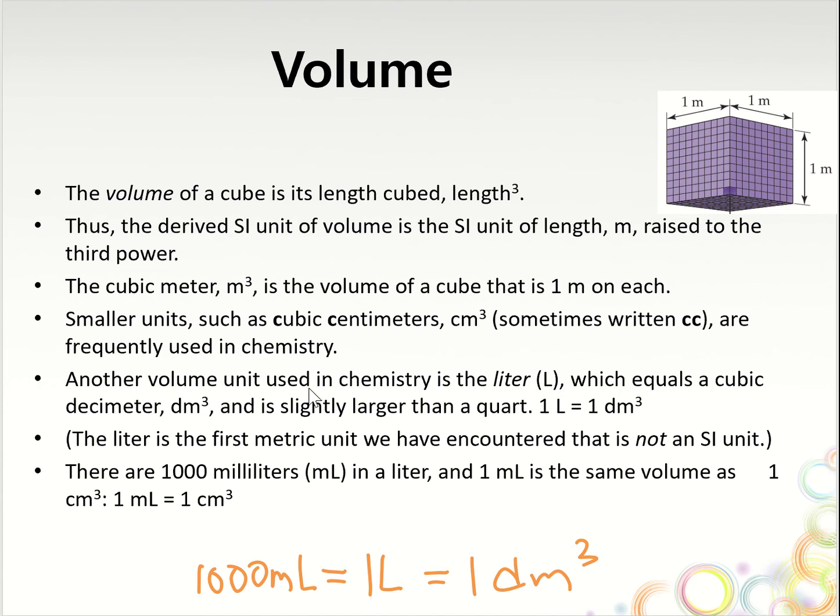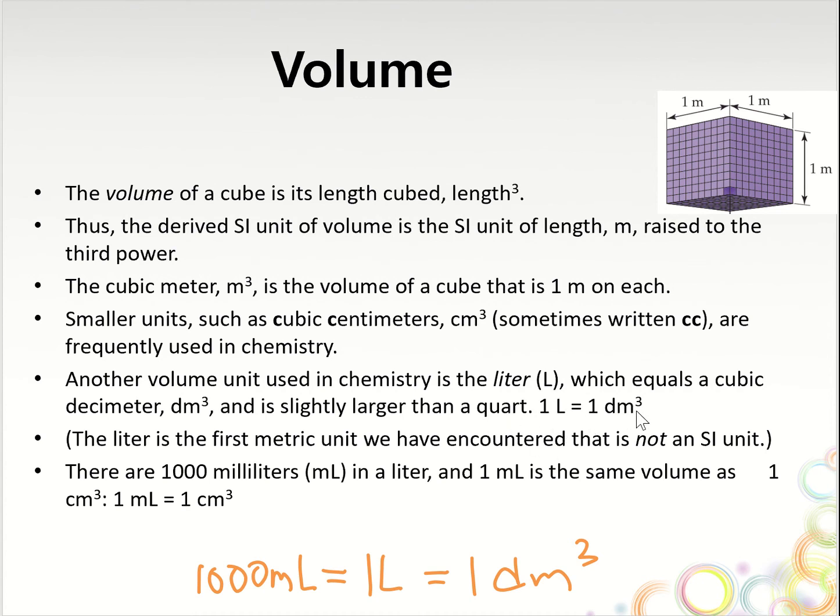Another volume unit that we will see is the liter, which equals a cubic decimeter, dm cubed. If you have seen that before, 1 liter is equal to 1 dm cubed and is slightly larger than a quart. You need to remember this conversion.